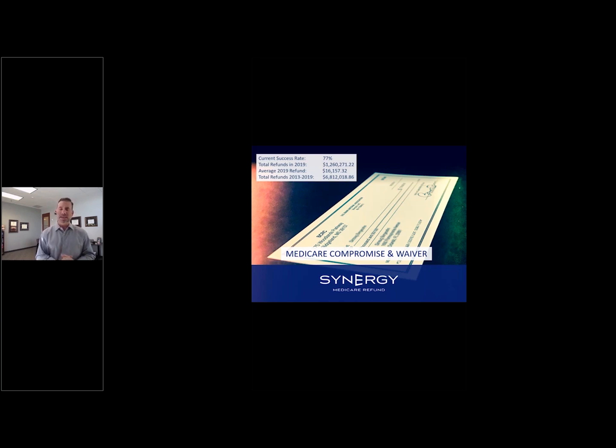Since we began offering this service, we've recovered in excess of $6.8 million on behalf of Medicare beneficiaries, which is a pretty incredible number when you think about it, because that is $6.8 million back in the pockets of injury victims who are Medicare beneficiaries who need that money to take care of themselves. So this is really important that either you pursue it or you hire a firm like us to pursue it.